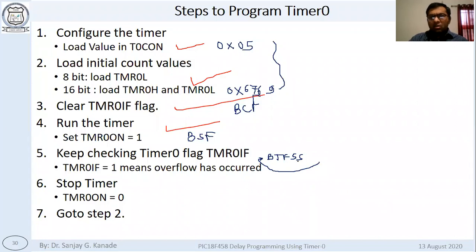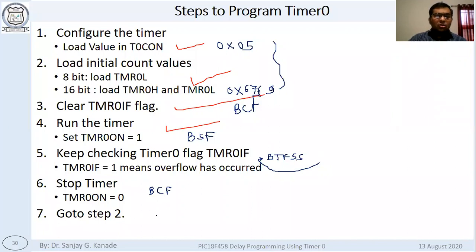If it is not 1, we just waited, we kept running here only. When it became 1, we moved ahead. And when we move ahead, what was the instruction? We want to stop the timer, TMR0 ON equal to 0. So again BCF, clear the bit.